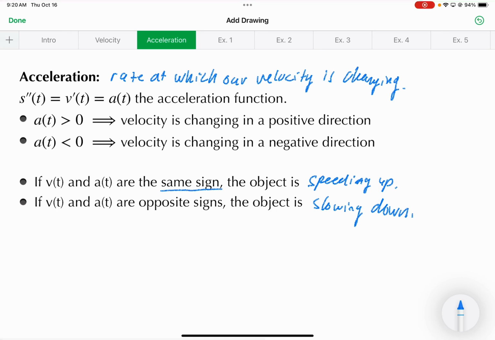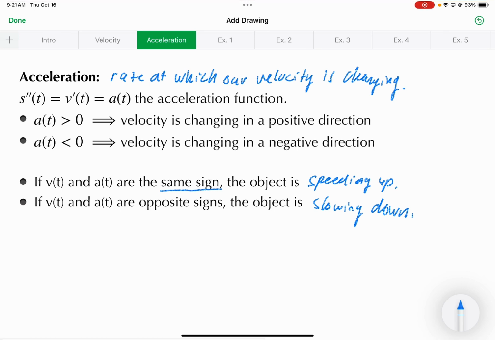Okay? But let's say our velocity is positive and our acceleration is negative. So I have positive velocity, but the rate at which my velocity is changing is negative, which means my velocity is then going to be decreasing. So because of that, would my particle be speeding up or slowing down?